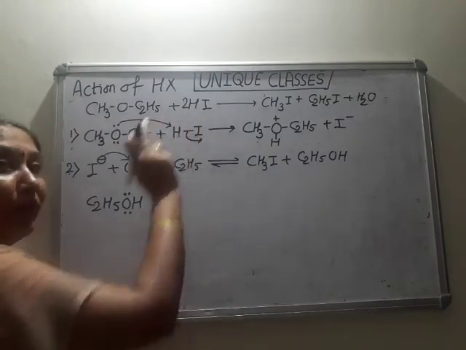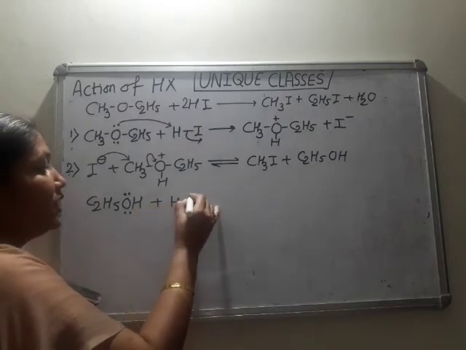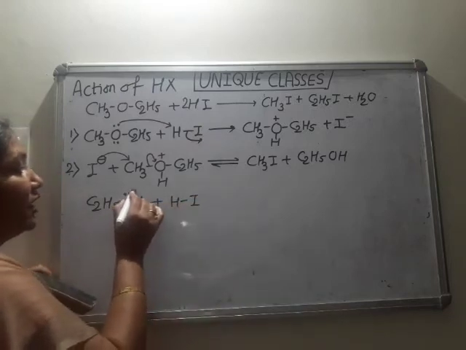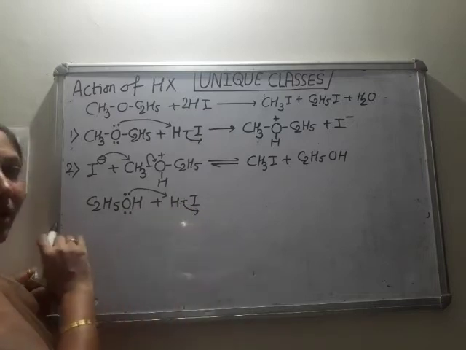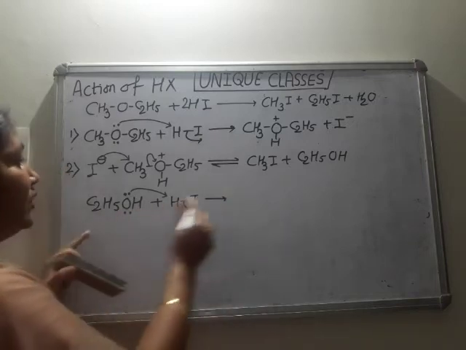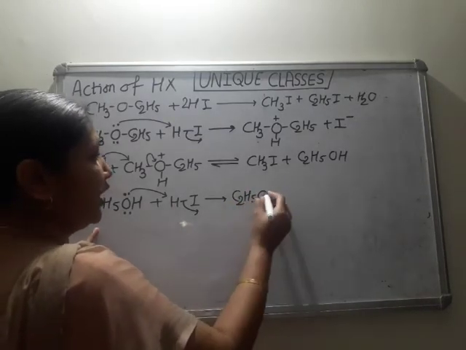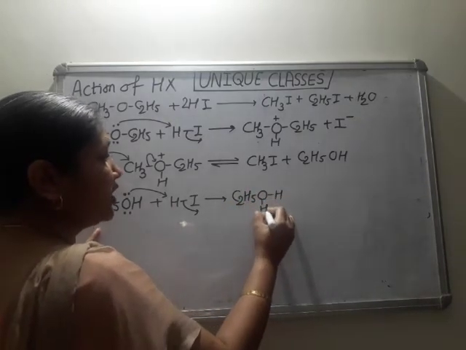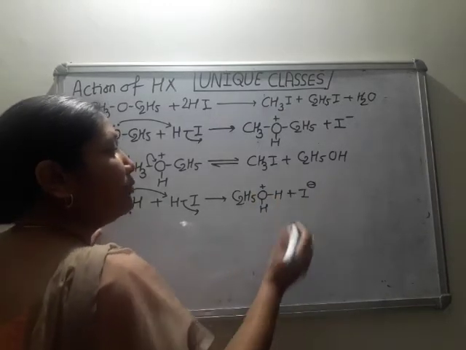So a second mole of HI is still there in the reaction mixture. So it reacts with the second mole of HI. This lone pair attacks this hydrogen. This HI bond breaks and we get protonated alcohol, C2H5OH plus, and here this I minus.